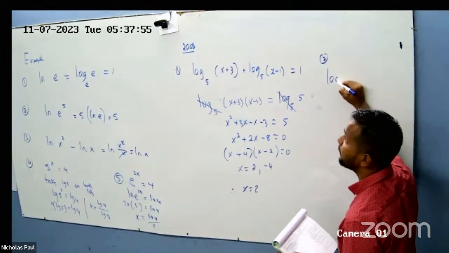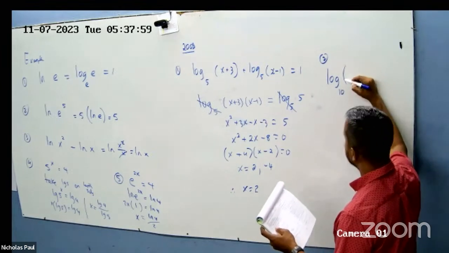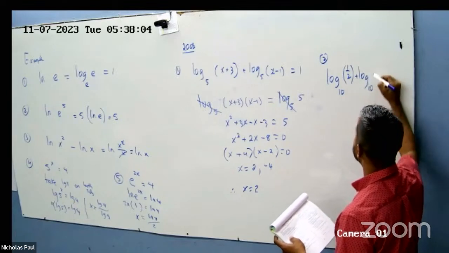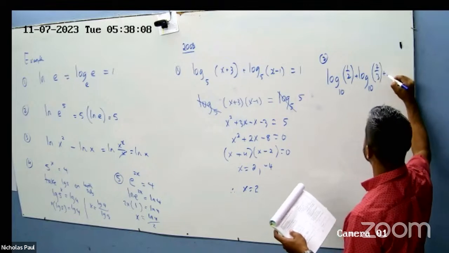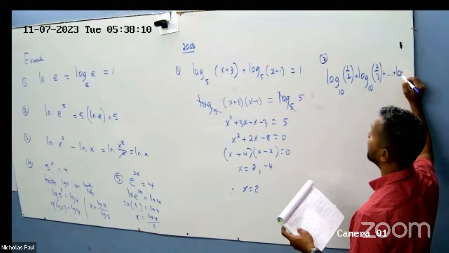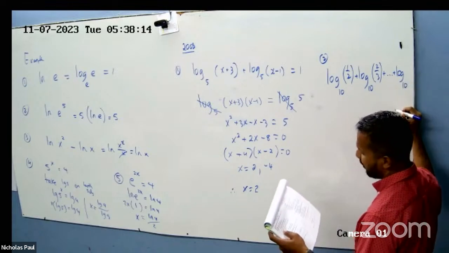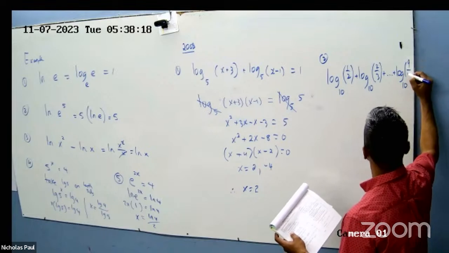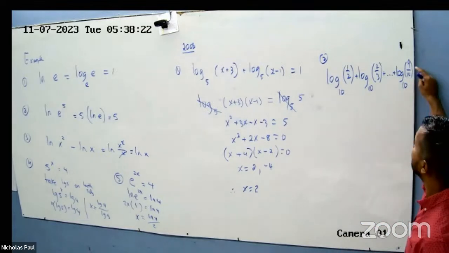Log to the base 10 of a half plus log to the base 10 of 2/3 plus all the way down until log to the base 10 of 9 on 10. So this is 9 on 10.